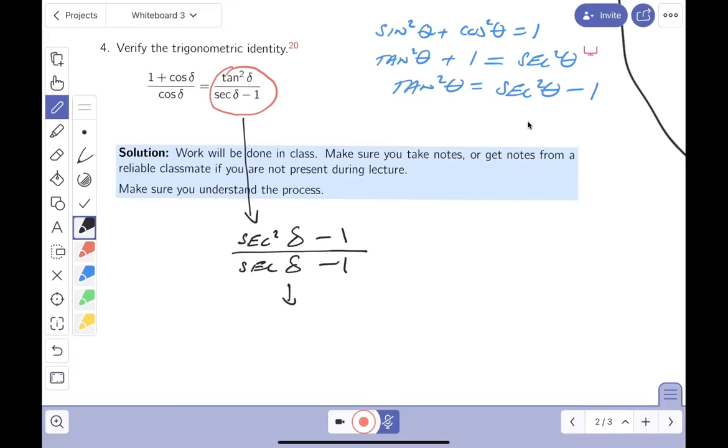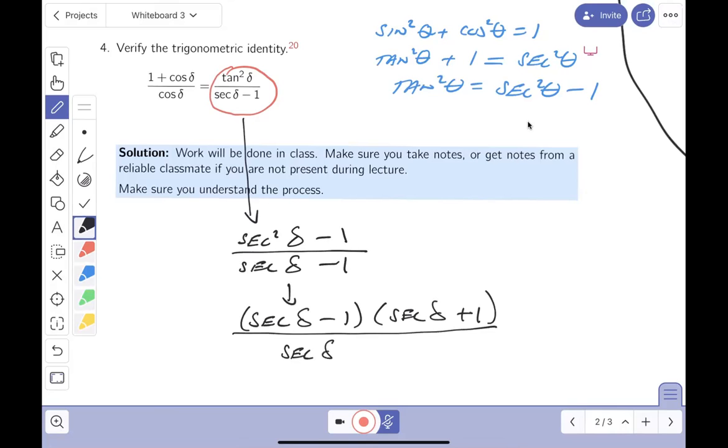The top is a difference of perfect squares, so it's going to factor: secant delta minus 1 times secant delta plus 1, all over secant delta minus 1. Something cancels conditionally.